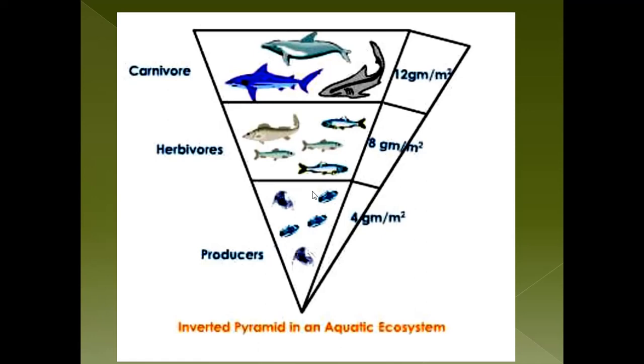And if you go to the next level, carnivores, larger fishes which feed upon the smaller fishes, their total biomass is around 12 grams per square meter. So this pyramid shows that there is an increase in the total dry weight of organisms from producers to carnivores. This kind of pyramid is called the inverted pyramid of biomass.